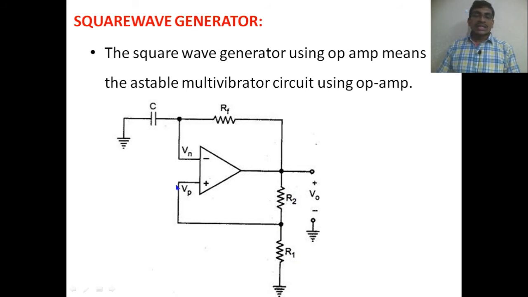So the voltage at the non-inverting terminal is equal to the voltage across the resistor R1. Therefore, the reference voltage at the non-inverting terminal can be given as V0 into R1 by R1 plus R2.